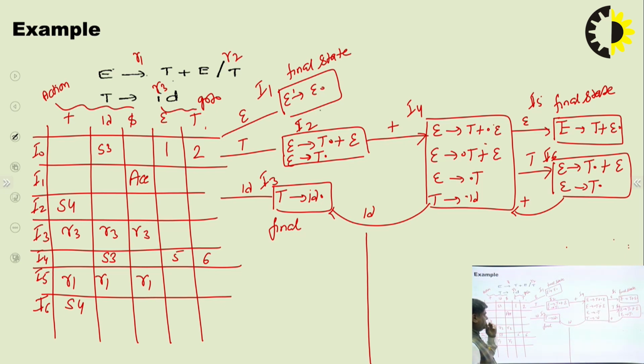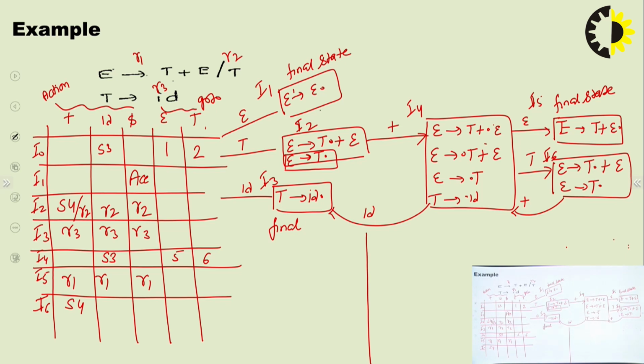This is the final state. Yes. It means on I2, this one is your final state, or this is known as production rule number 2. Now, production rule number 2 is applied on I2. It means R2, R2, and R2.